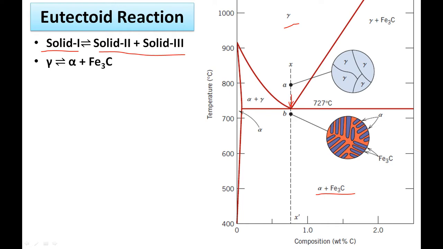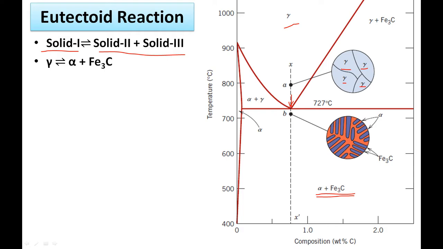We get gamma, that is austenite. All these structures are austenite, and suddenly it changes to alpha plus Fe3C. Look, you cannot distinguish the alpha and Fe3C. You get, as I have told you, a pearl-like structure. That's why it is known as pearlite. This is 100% pearlite, a lamellar patch of alpha and Fe3C.